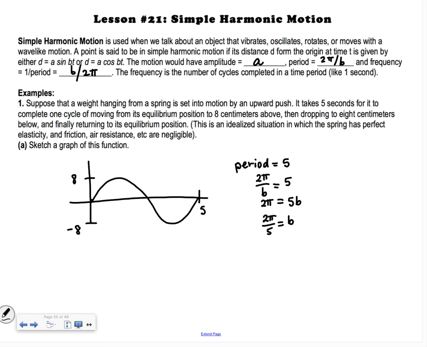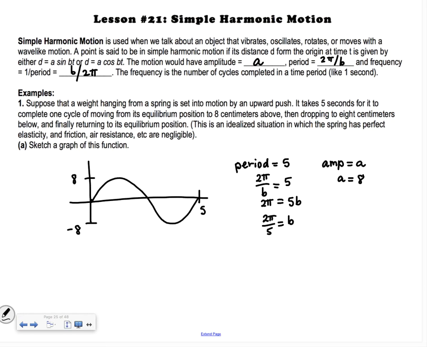Now our a is the amplitude. So it's easy to see in this picture that the amplitude is 8. And we can tell that it's a sine function, not a cosine function, since it starts right here on the x and y axis. Now I could do a cosine function. So sinusoidal functions can be either sine or cosine.